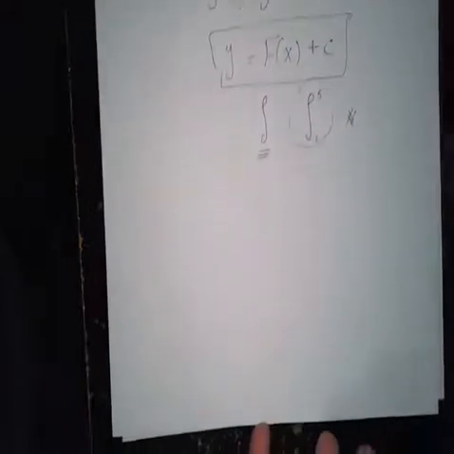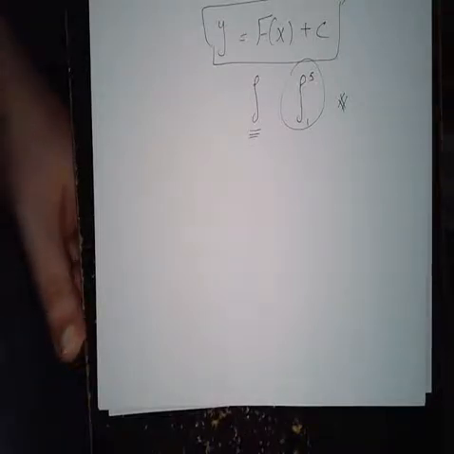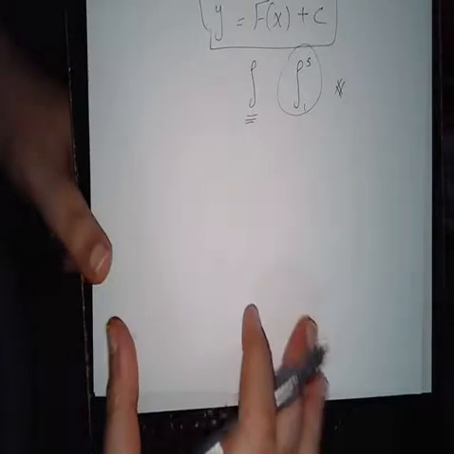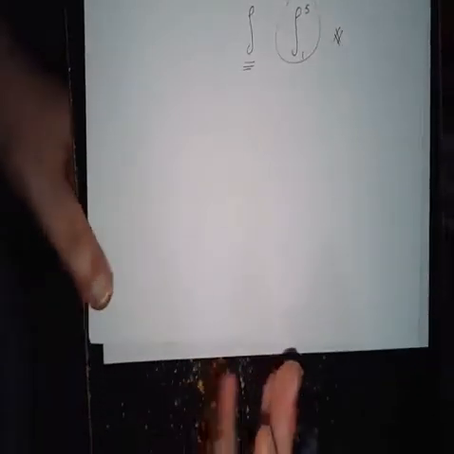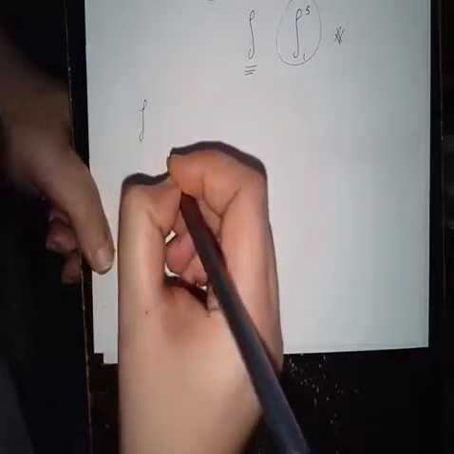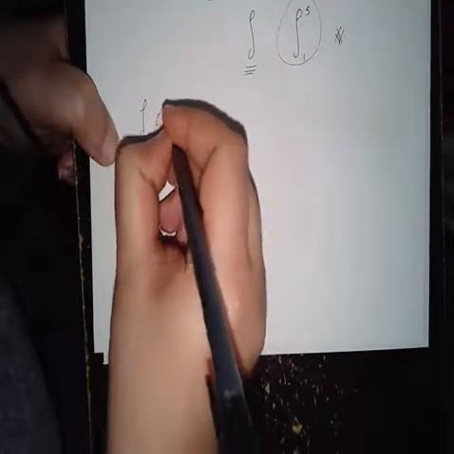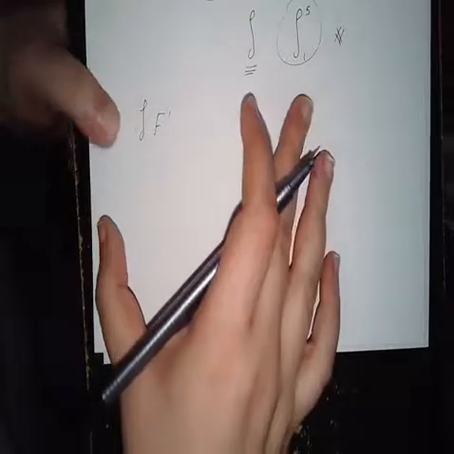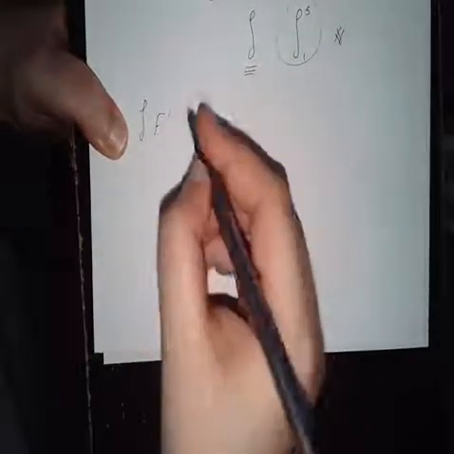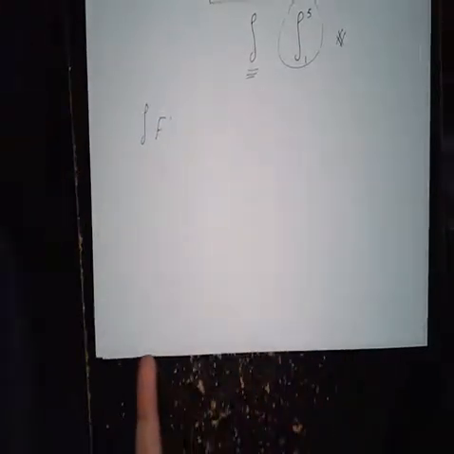Okay, let me go up a little bit. There. Okay. So, for example, if I give you an integral of f prime, I'm gonna keep things a little abstract here, just to show you a few basic rules, and then we'll start applying them to actual functions.